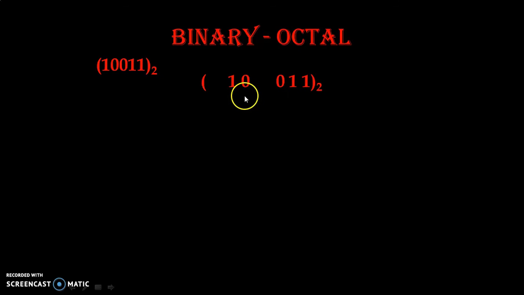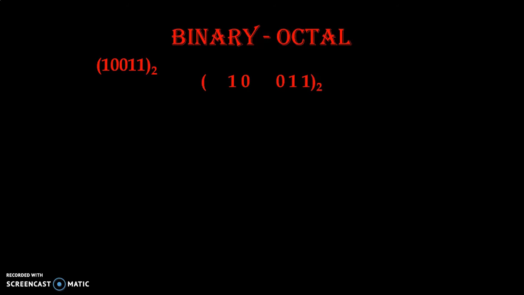But in the other group, that is 10, we are having only 2 bits. So what we need to do is add an additional 0 on the left side. On the left side, at the most significant side, if we add 0 or remove 0, there is no change in the value.